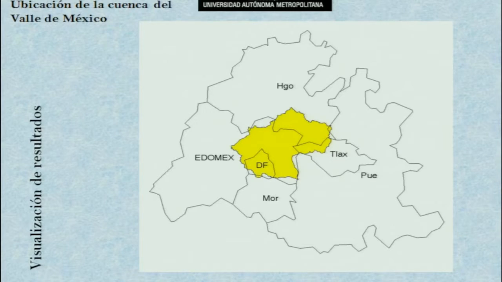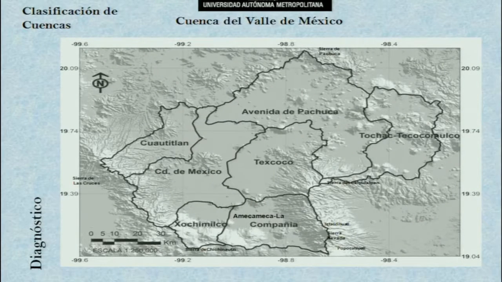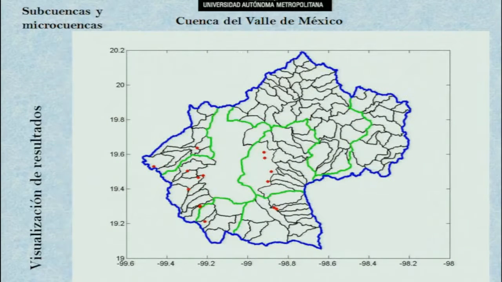With all the topographic information, we define the basins, the sub-basins, and also applying the same techniques. We obtained approximately 108 micro basins, and here we point at the different stations, the ceilometric stations. I wanted to cover this quickly, but it won't work.